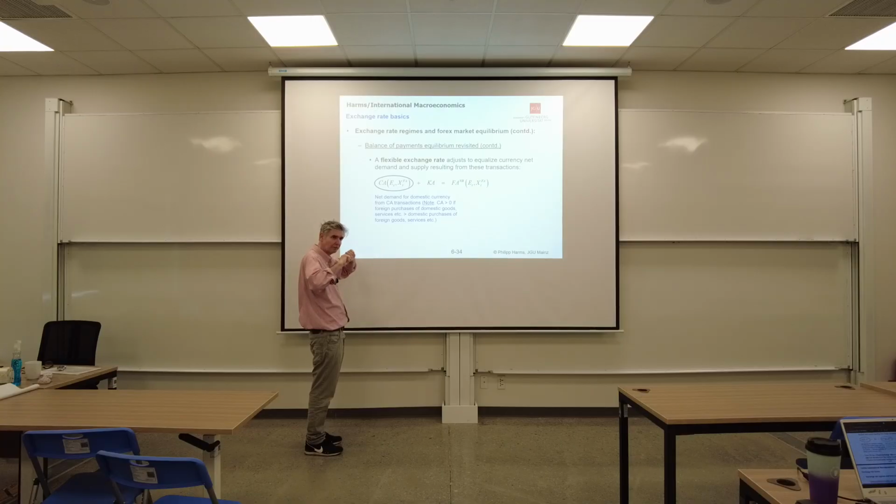Now, all those foreign residents, they want to buy domestic goods, and domestic residents don't want to buy that many foreign goods. This implies that there's an excess demand for domestic currency, basically.